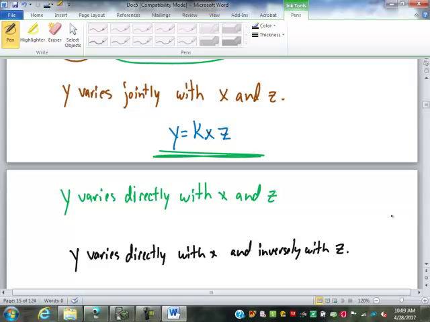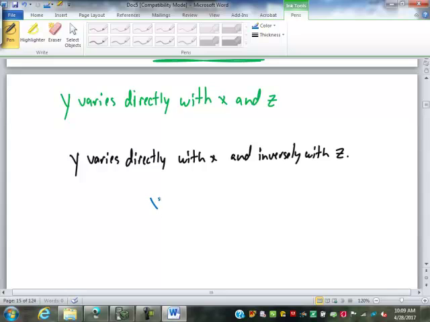But if they're using the combined variation notation, this is possible. Y varies directly with X. What that means is Y equals a constant times X. And inversely with Z, well, if it's inversely, it's the constant divided by Z. So it simply looks like that. Y equals K times X over Z.